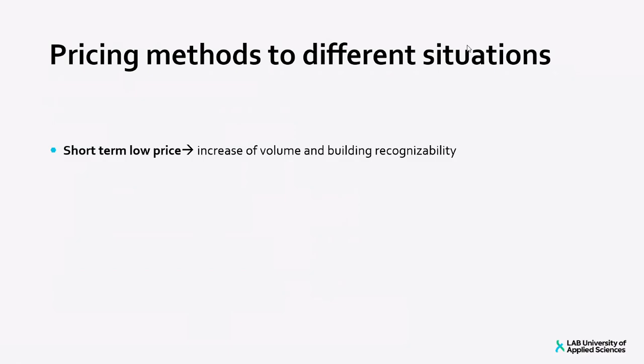Or we have a new thing and we are building the whole recognizability. Could be that we make a multi-buy package. If you buy this, you get this with half the price or something. The aim of these is always to increase the volume. That's the main reason to have these multi-buy packages and then having a lower price there.